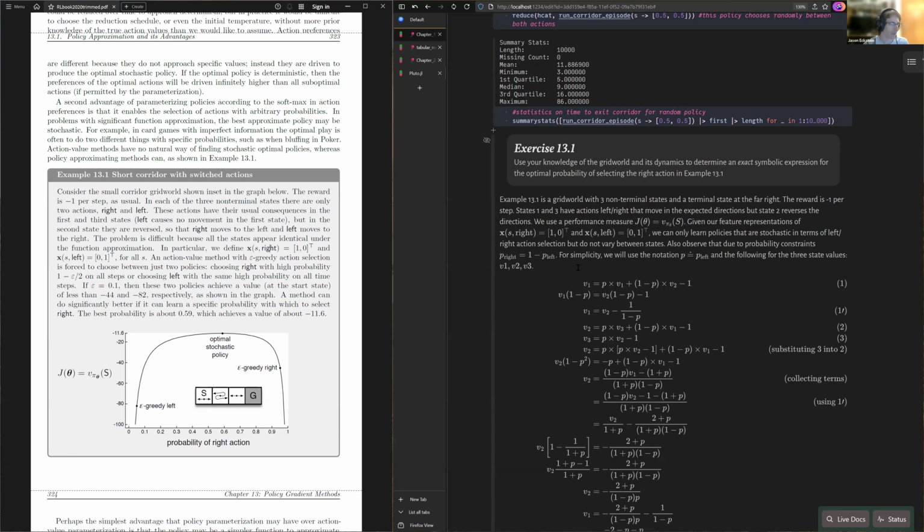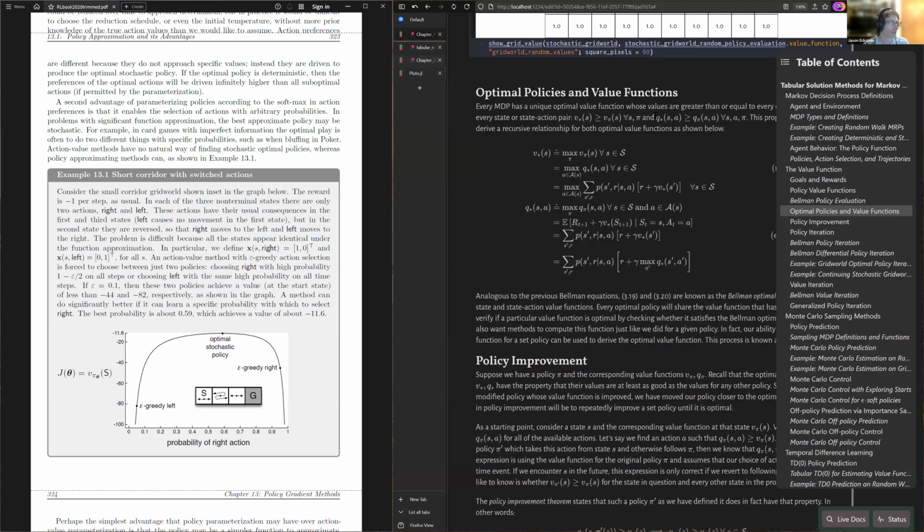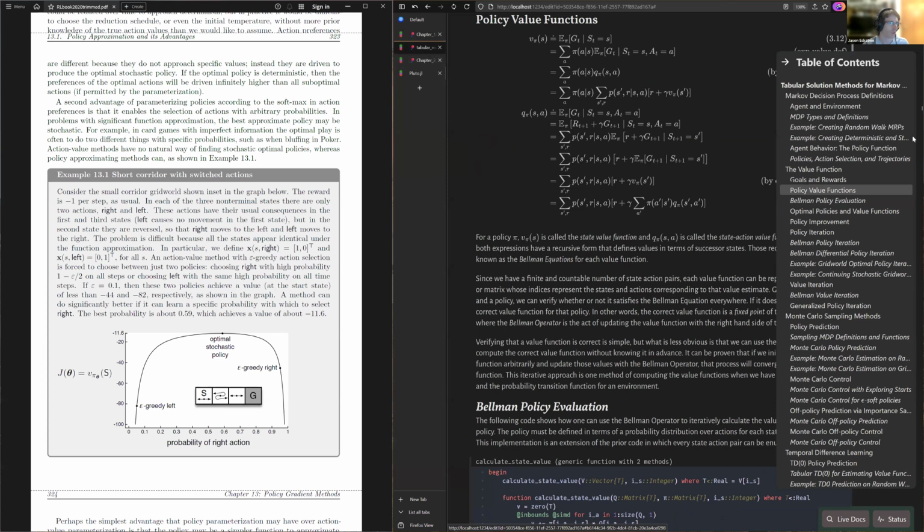Now, the first expressions I'm going to write down here are going to make use of, actually, I can go back here to the definition of the value functions.